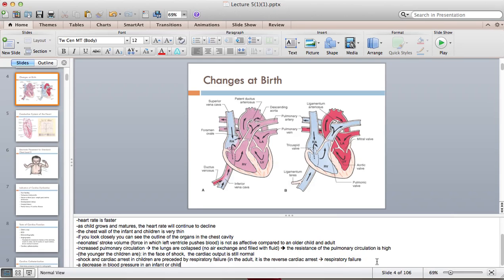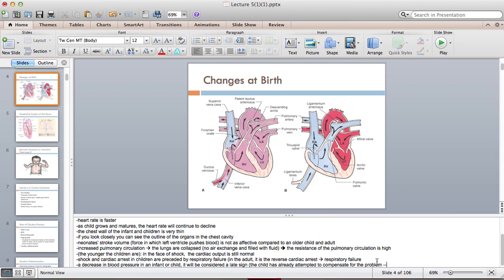The child must have attempted to compensate for the problem, so it's a very late clinical symptom that you will notice, a decrease in blood pressure.